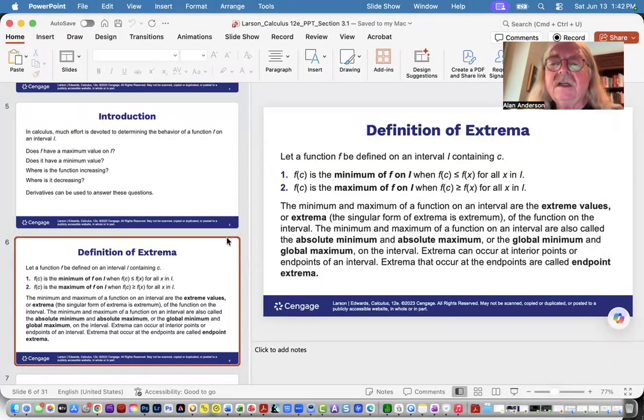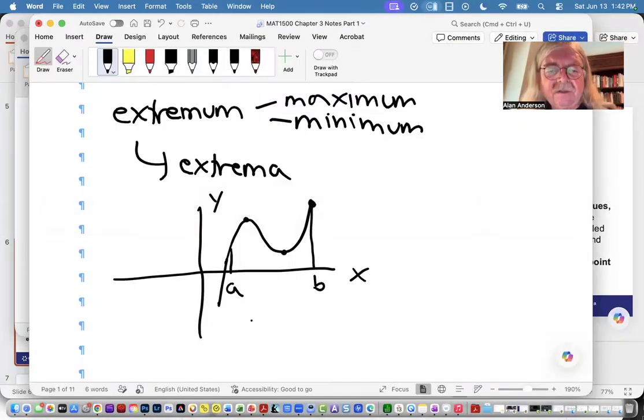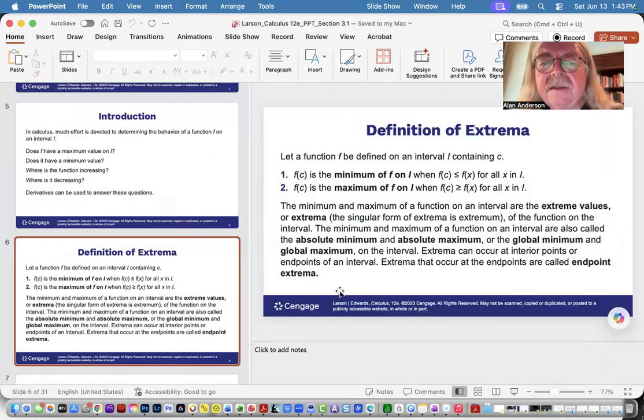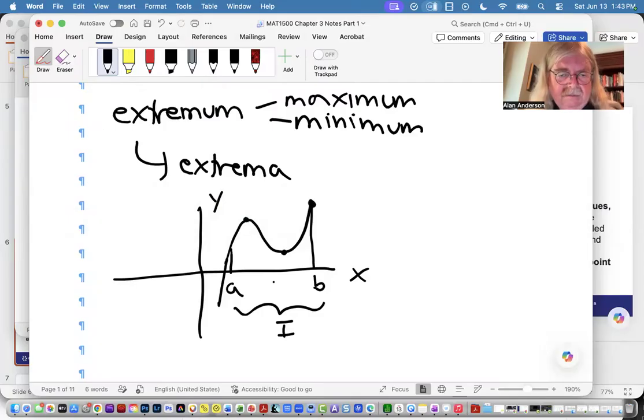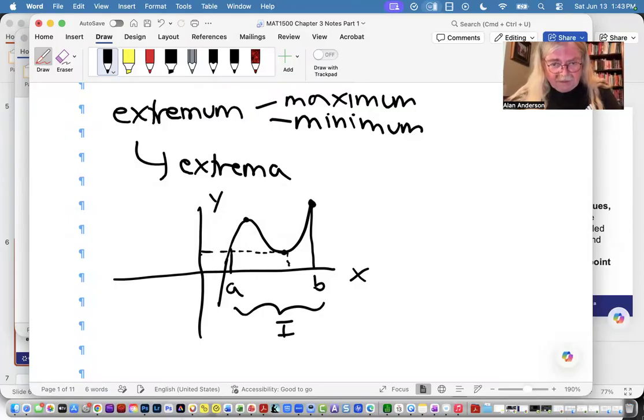And so we're going to start out by defining what we mean by the word minimum. So here's our interval, and f of c is the minimum. Let's see if I've drawn this right. My goal was for this to be the minimum. That would make this point c, and this is f of c.